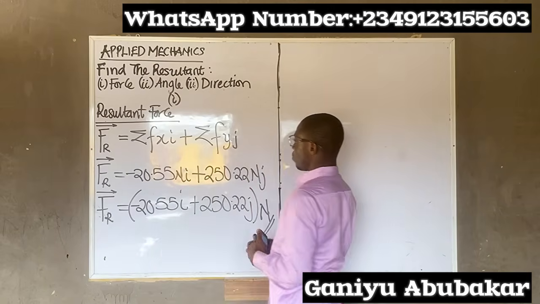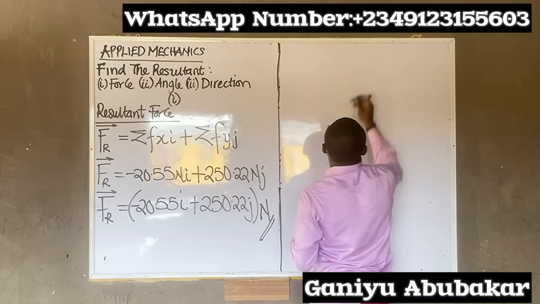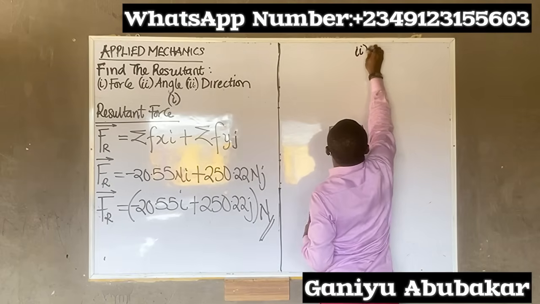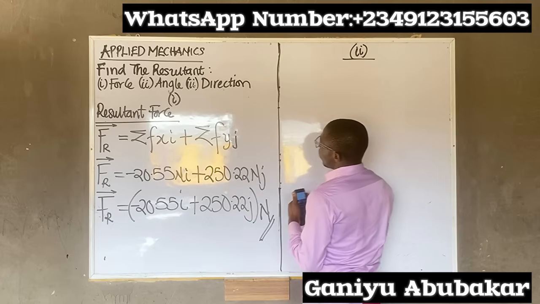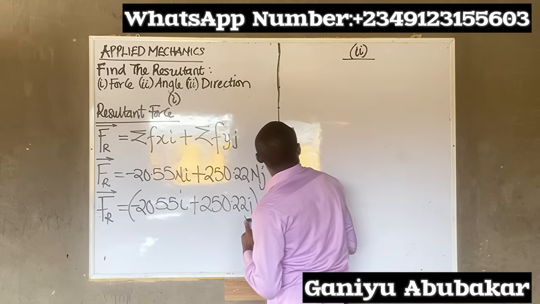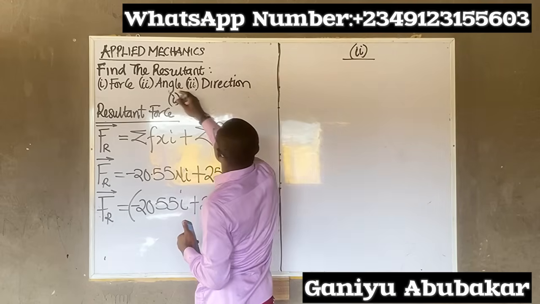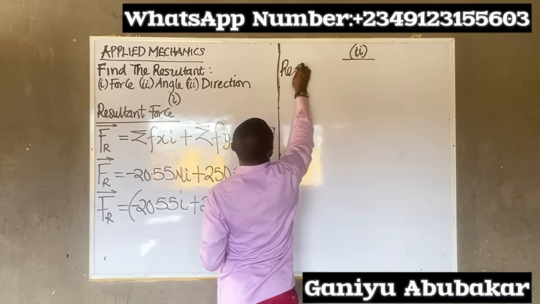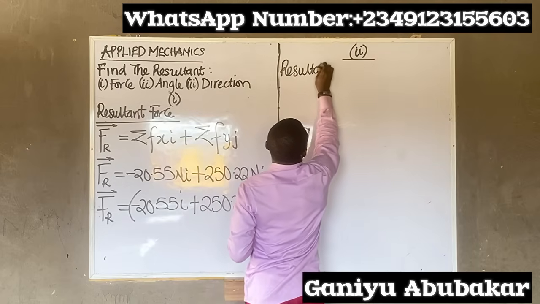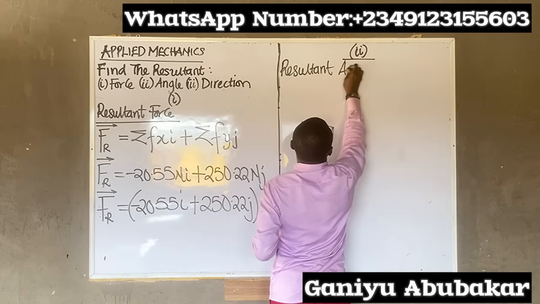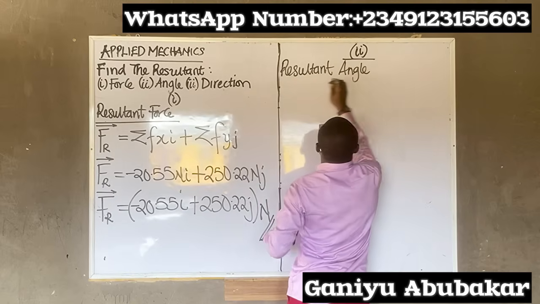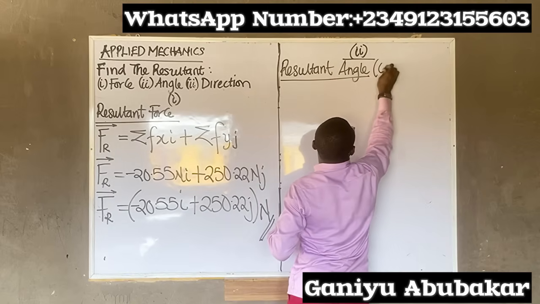All right, from here, proceeding. Let's get II, please. For II, that's resultant angle. Let's get resultant angle, theta.